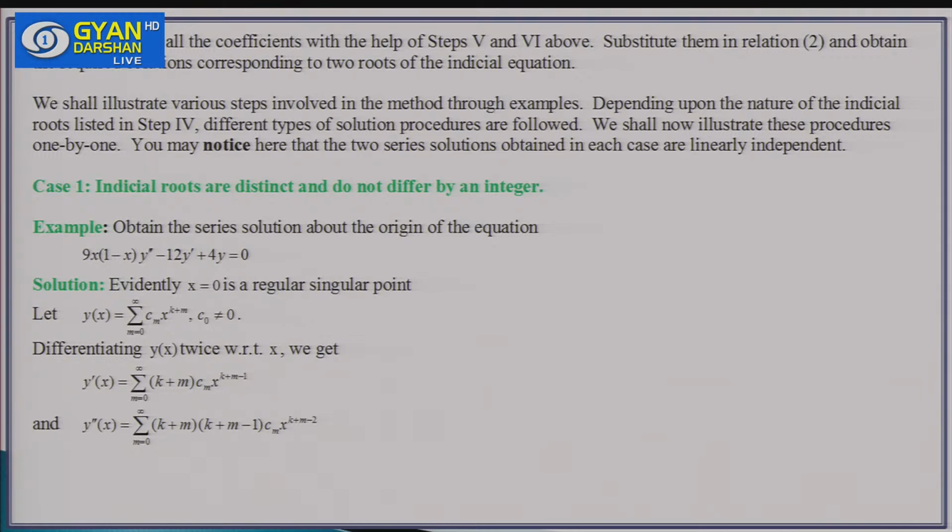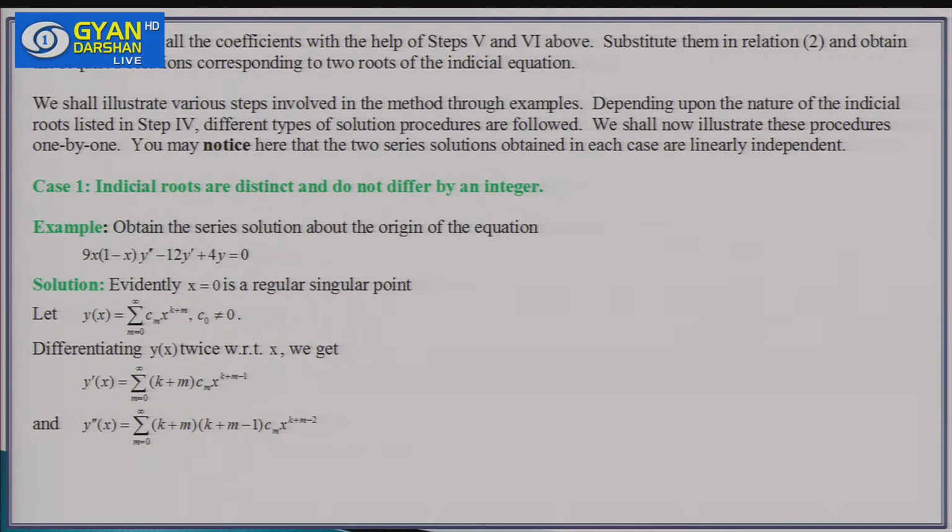Today we are going to discuss just one case, that is, if the roots are distinct and do not differ by an integer. Not differing by an integer means if you take the difference of the roots, the values of k, then the difference will not be an integer. Okay, so here is an equation we have taken. Obviously x equal to 0 is a regular singular point, you can verify.